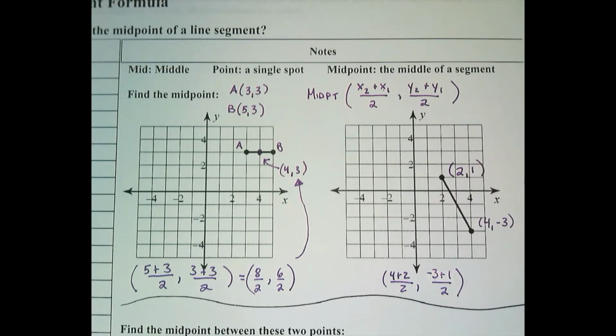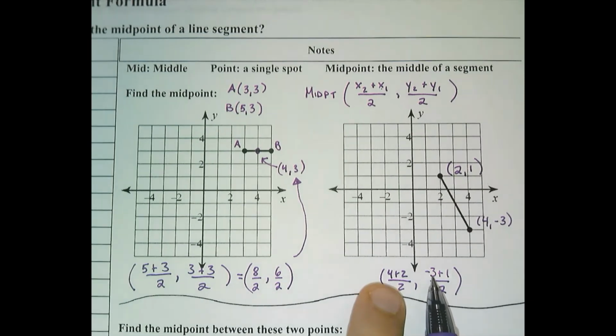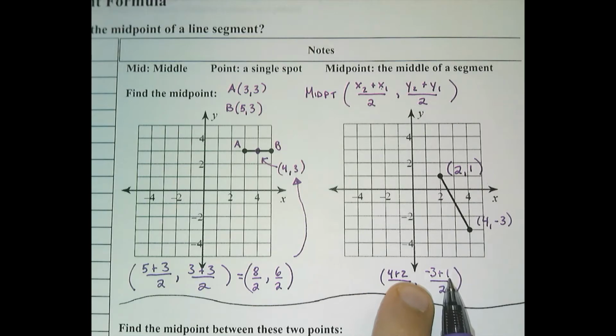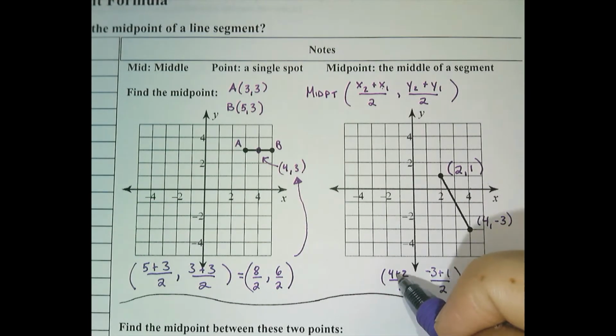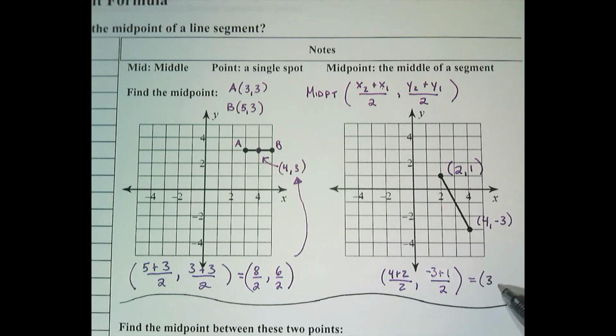That way we attend to those first numbers being one point and the second numbers being the other point. 4 plus 2 is 6 over 2 is 3, and -3 plus 1 is -2. -2 divided by 2 is -1. So we should have a midpoint at 3, -1. 1, 2, 3, -1. And that does, in fact, look to be the midpoint of that line segment.